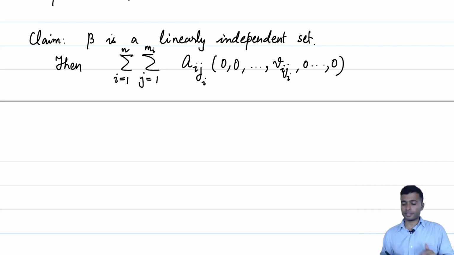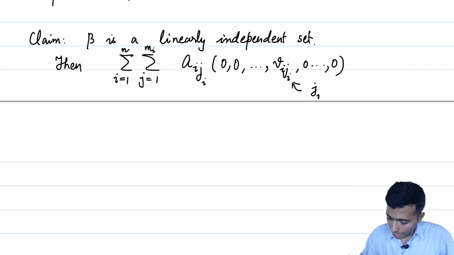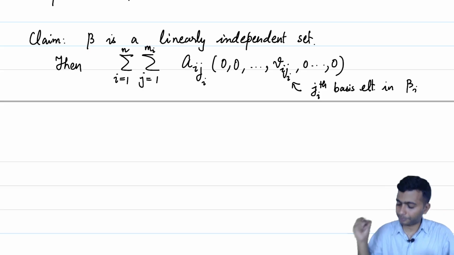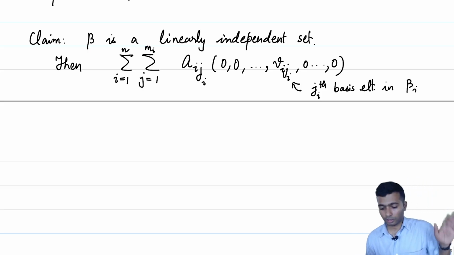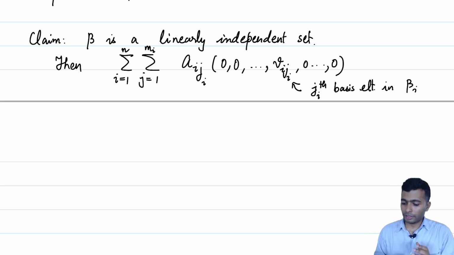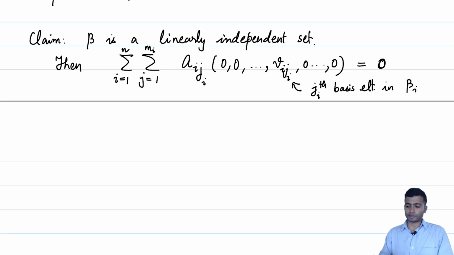Yes, this captures all the basis elements, right? So what is this? v i j i is the jth basis element in beta i. All right. But then the scalar multiplication and the vector addition is defined in such a manner that this above is equal to 0. Let us consider some such relation which is equal to 0. Our goal is to show that each of these a i j i's is 0, right?